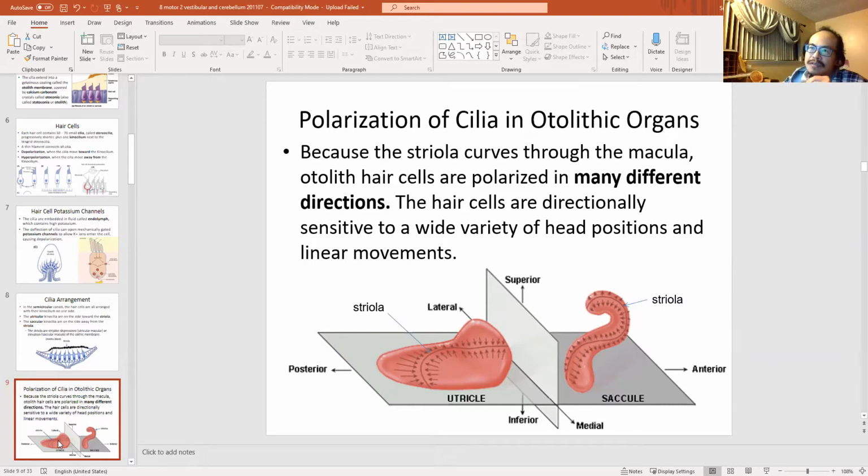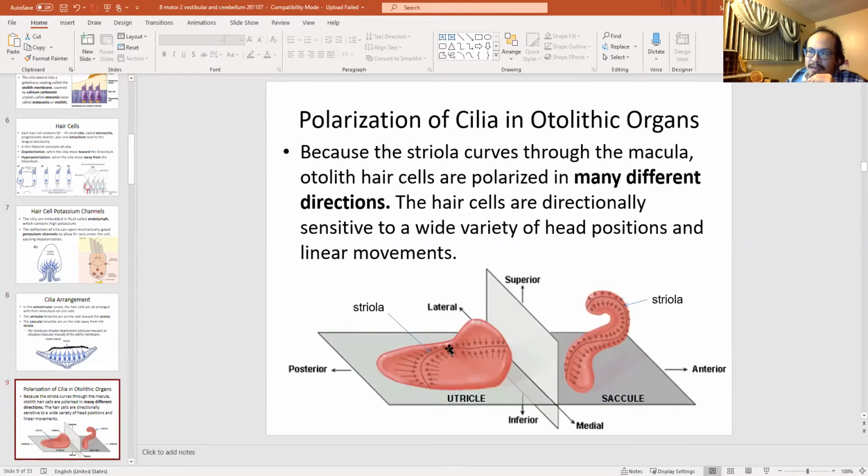So what you really need to know is that the semicircular ducts, the semicircular canals, are sensitive to rotational acceleration. The otolithic organs are sensitive to linear acceleration, including the horizontal one as well as the vertical one. Also, in the otolithic organ there is a line called the striatum.